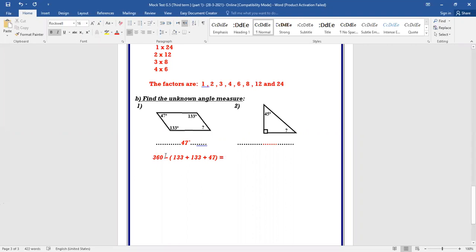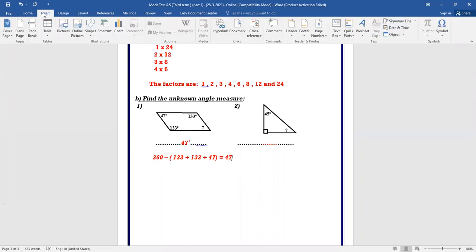Then we add the three numbers first and then subtract, which gives the same result. So here we can use the property that each two opposite angles are equal in measure, and also we can use this one because the sum of the measures of the angles of the quadrilateral is 360.